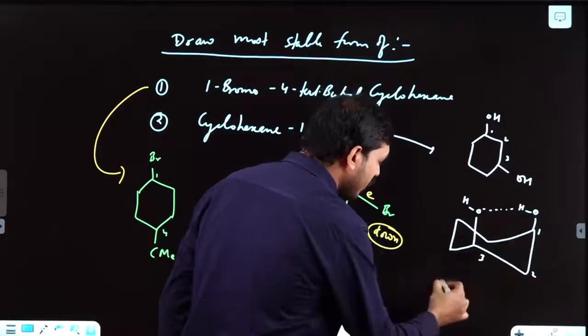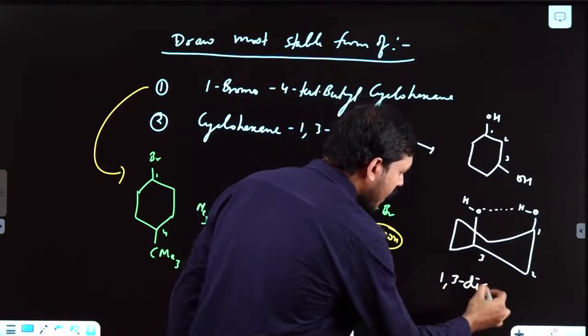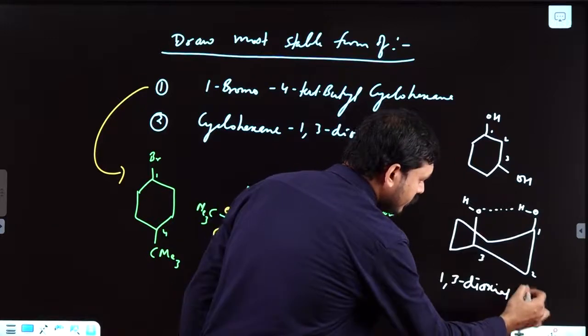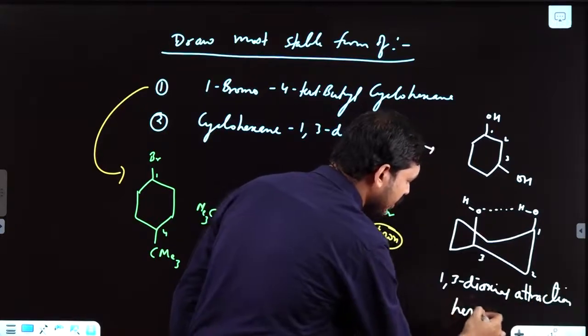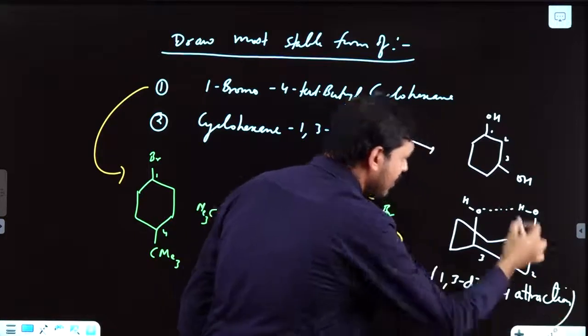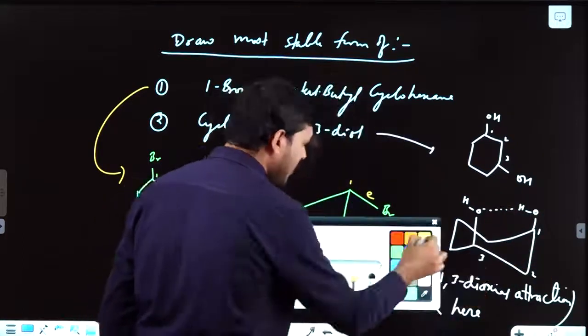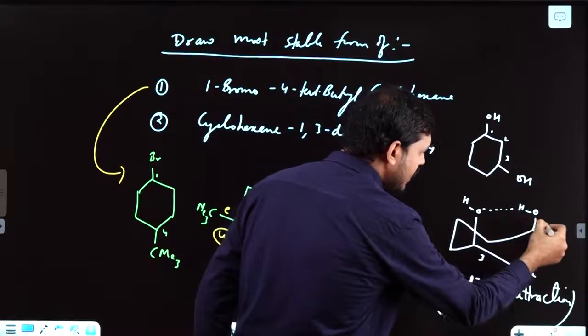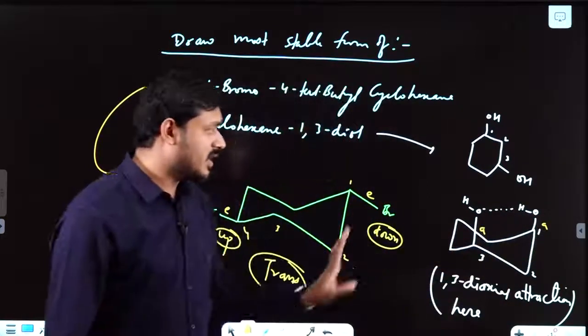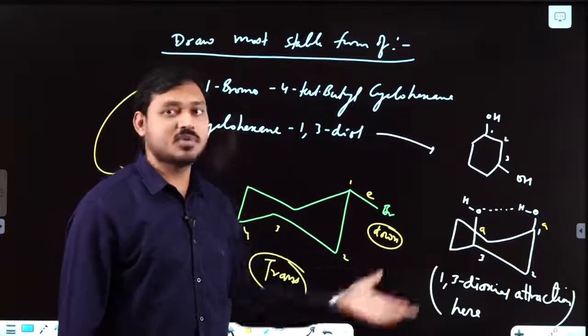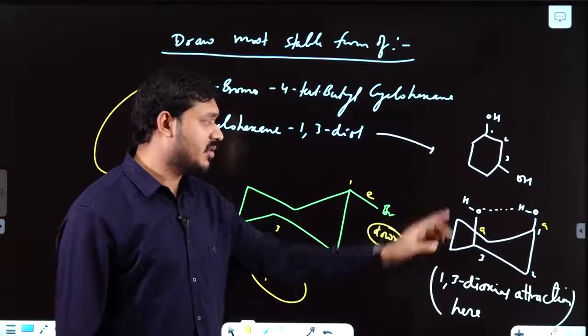Hence, it is 1,3 diaxial attraction here. So this is your most stable form, right? Now you can see here it is axial part, this is also axial part, both are in axial part, but still it is most stable form. Why? Due to hydrogen bonding.